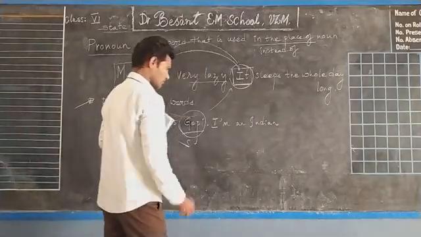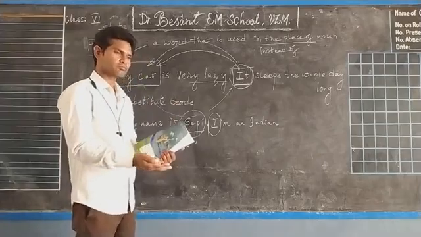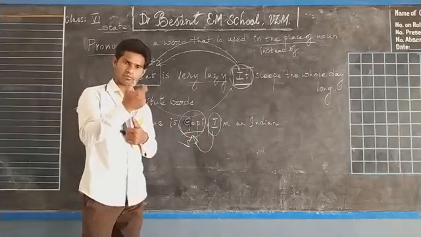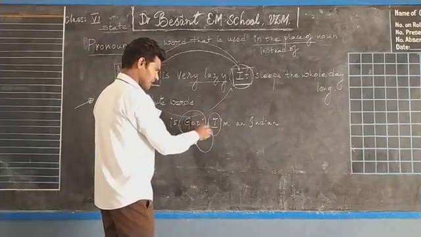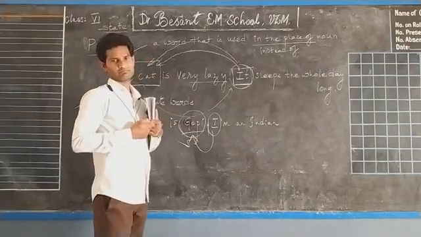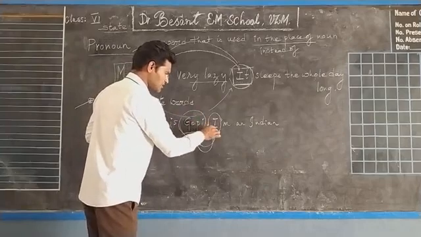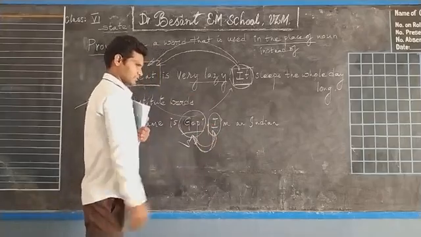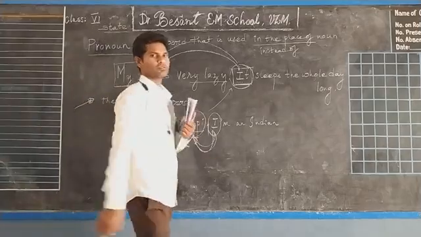I am an Indian. Who is I here? The word I refers to whom? Yes, that is the noun Gopi, the particular person named Gopi. So here the word I refers to the character we talked about, that is Gopi. It is used in the place of Gopi, instead of Gopi. This word replaced the noun.